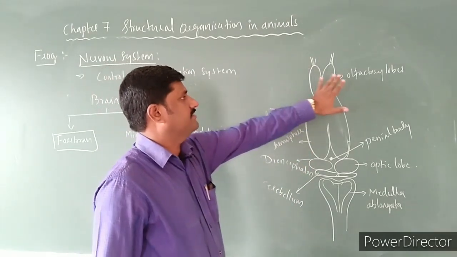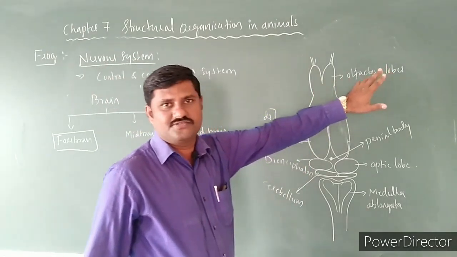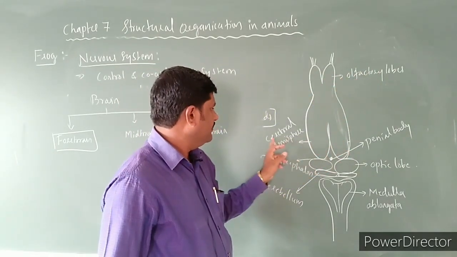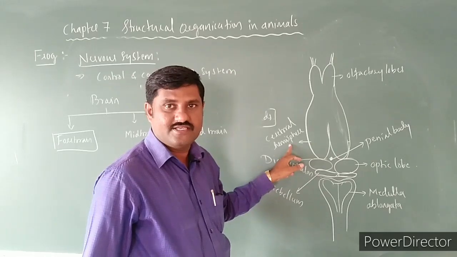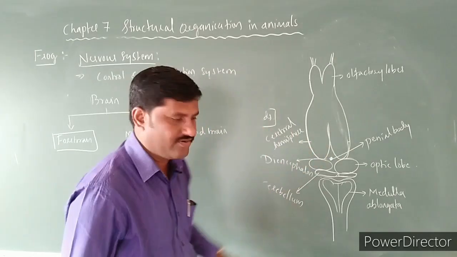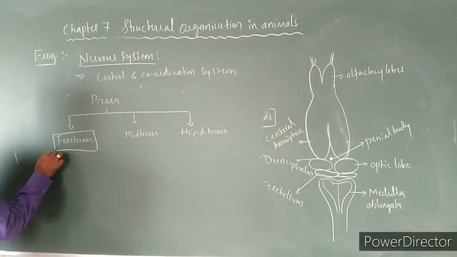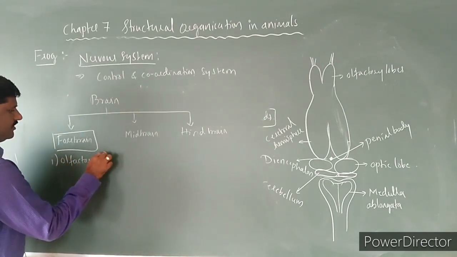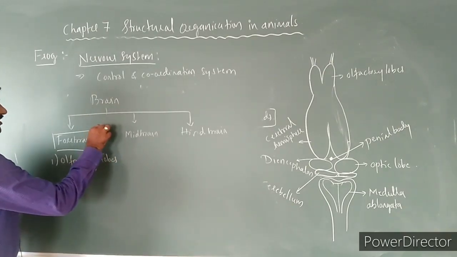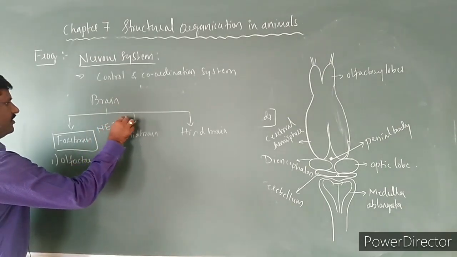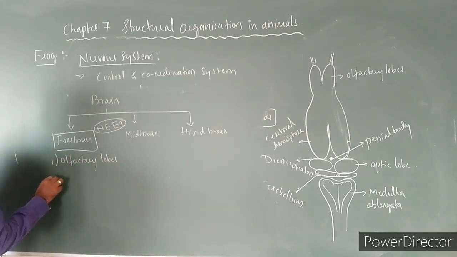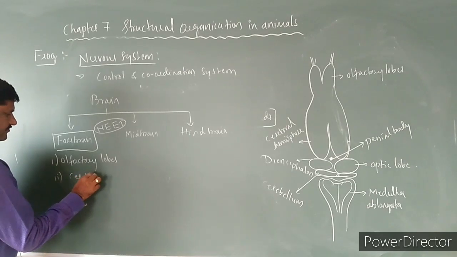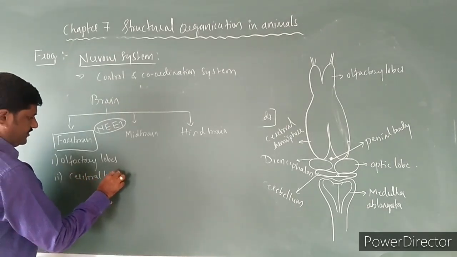The forebrain consists of a pair of olfactory lobes and a pair of cerebral hemispheres. So the forebrain mainly consists of olfactory lobes, very important for the NEET examination. You keep all these things in your mind. The first is olfactory lobes and the second is cerebral hemispheres.